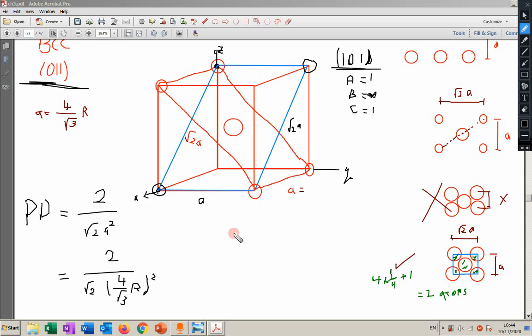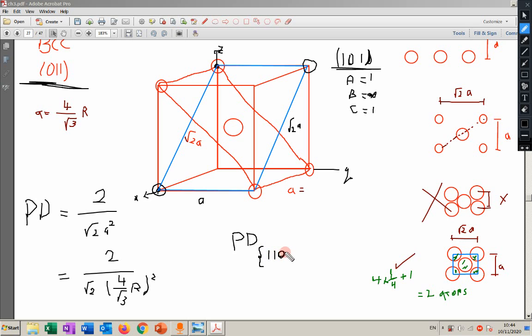So how do you represent a family of planes? We'll say planar density, and we use a curly bracket with 1, 1, 0.